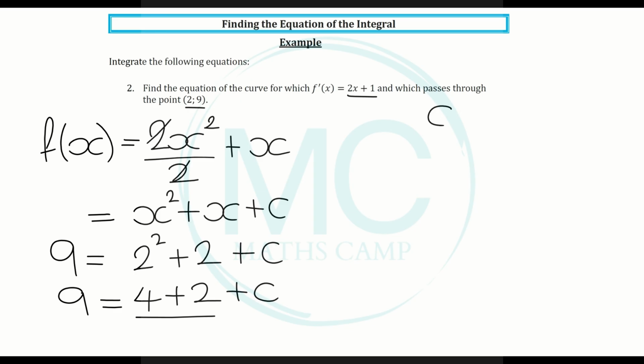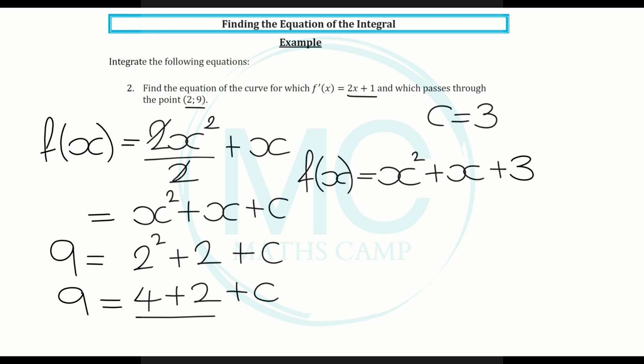So c is equal to 3. And we can write our equation for our curve, f of x is equal to x squared plus x plus c, which we know is 3. Let's do one more.